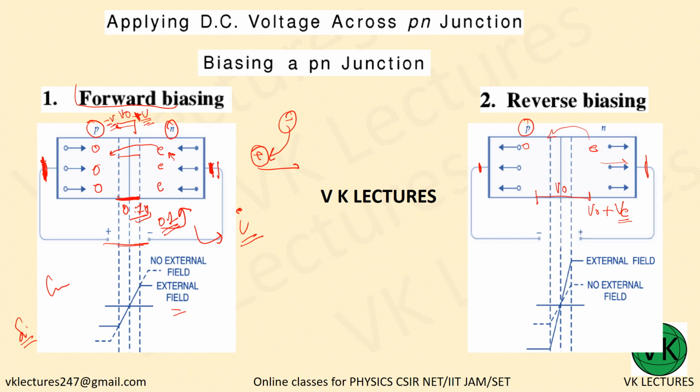That electron will gain sufficient energy to move out of the covalent bond and reach the conduction band, and they will start conduction, and very fast it will reach a point where you will have a very large amount of current.